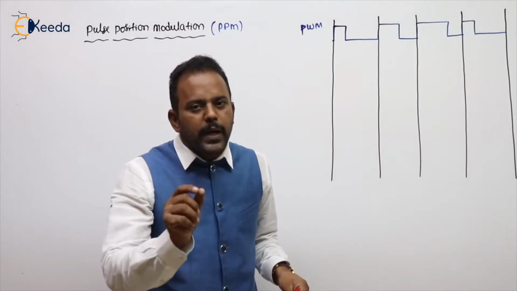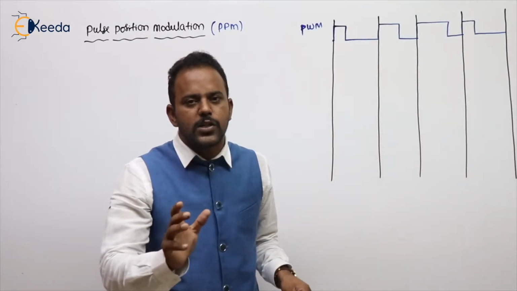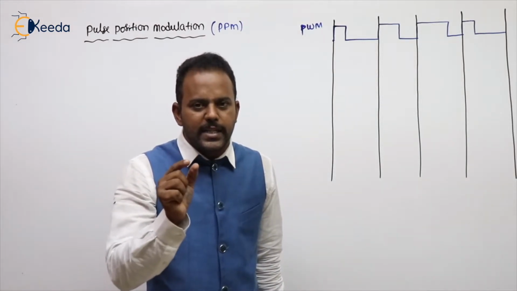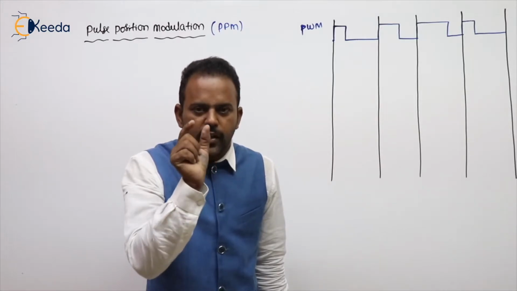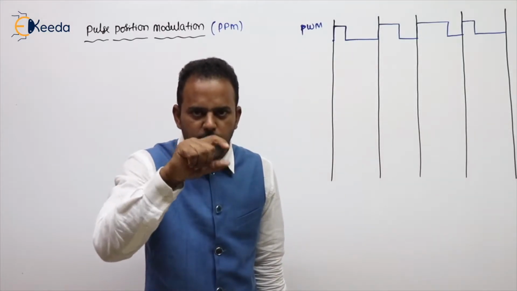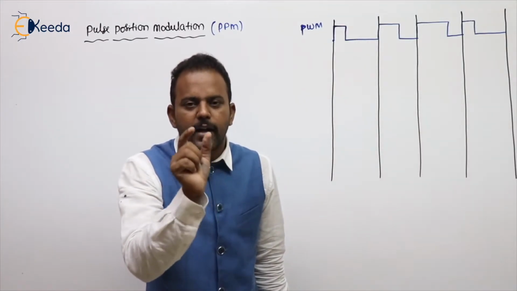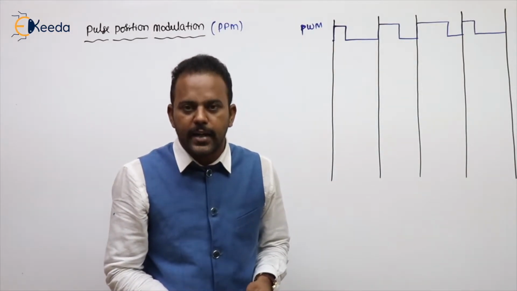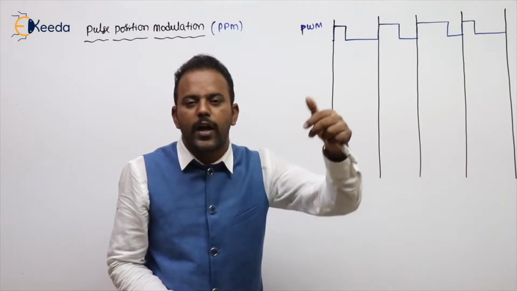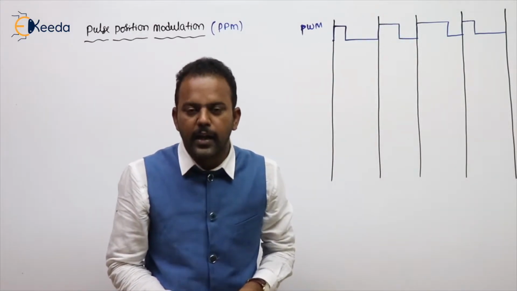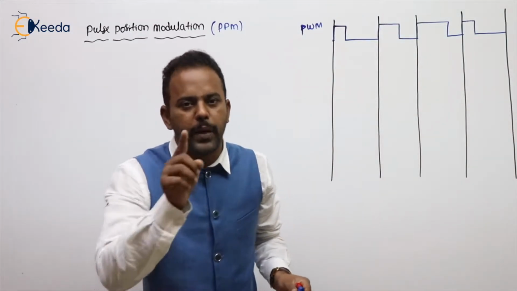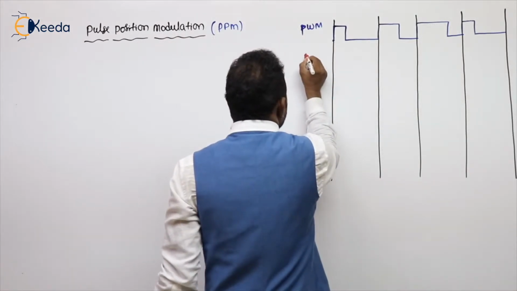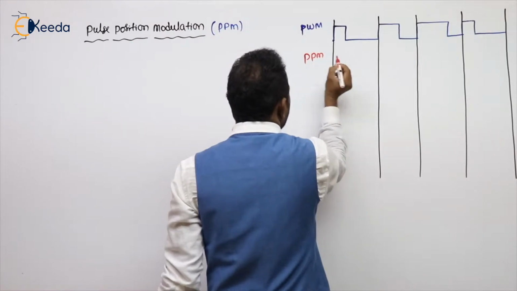Now, in PPM, what we are sending is, students, in pulse position modulation, we are sending a short, constant amplitude, short duration pulse at the trailing edge of a PWM signal. That itself is called PPM. So let's see how the PPM signal looks, for example, above is the PWM.